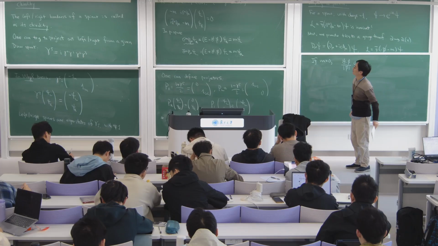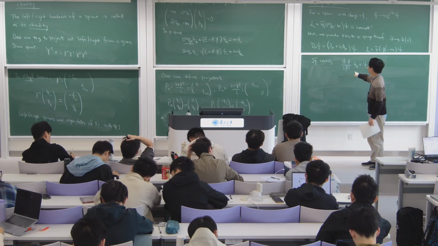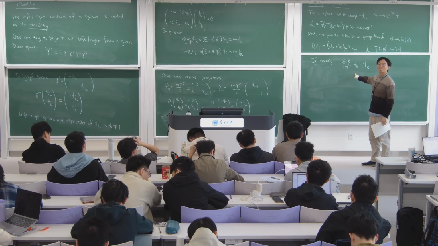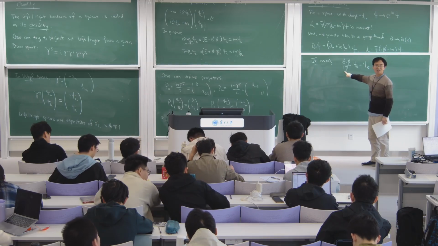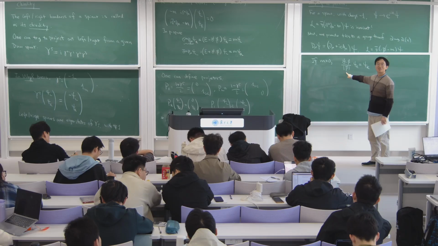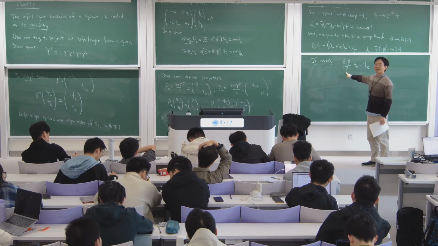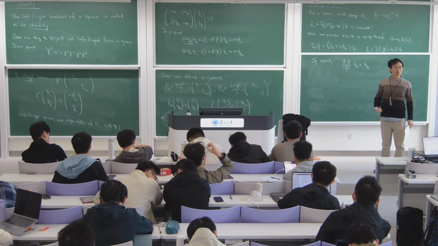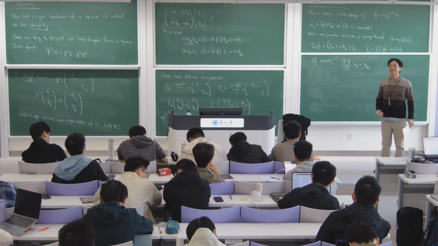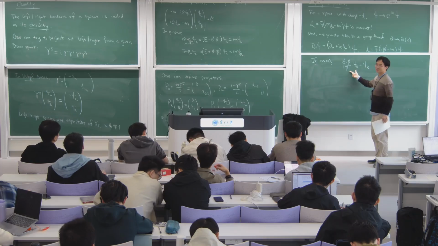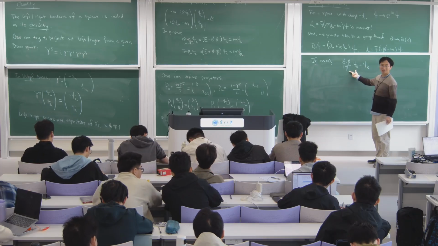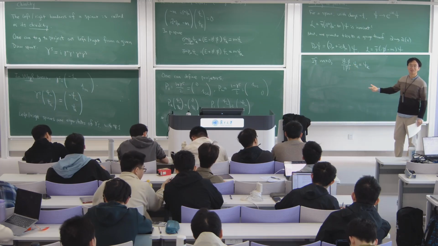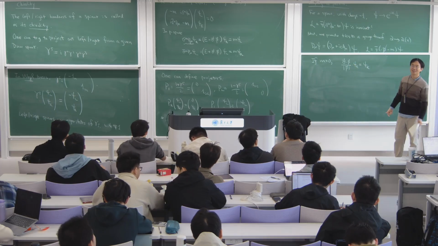For example, for the first, I get an equation that looks like this. Why? Because this is energy, and the dispersion relation relates the energy and the length of the momentum P for massless particles. Because m is 0, the mixing is gone. There's no mixing. So left is left, right is right.